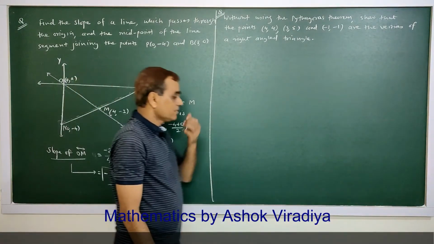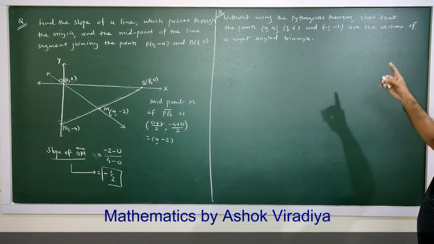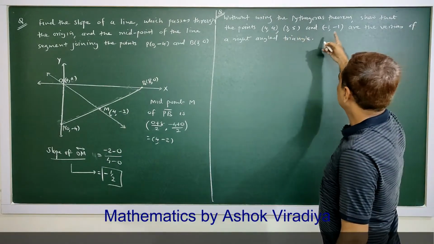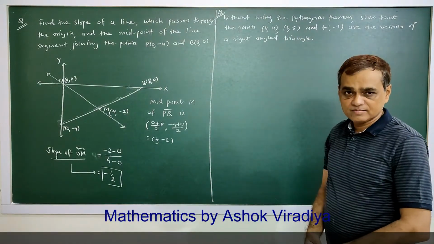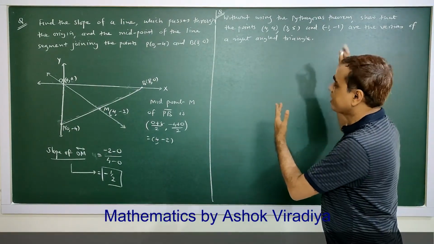Now in this question: without using the Pythagoras theorem, show that the points (4, 4), (3, 5), (-1, -1) are vertices of a right angle triangle. Let me label these points.